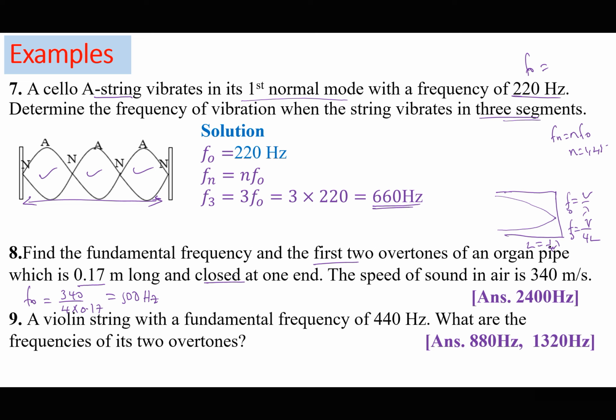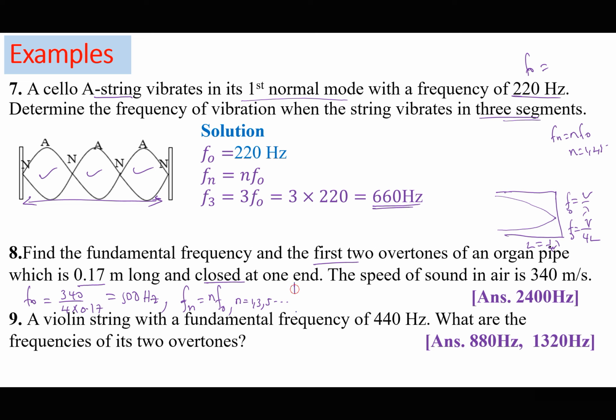So find the fundamental frequency and the first 2 overtones. Remember, for the closed pipe, we only have odd harmonics. So Fn is equal to n times F0, but here n is only odd numbers. N is equal to 1, 3, 5, and so on.